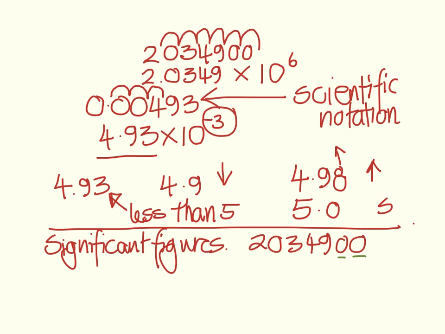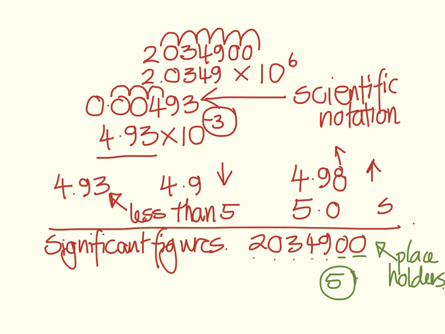These two here are placeholders. However, this, and this are actually the significant figures. So we have, in this case, got 5 significant figures.